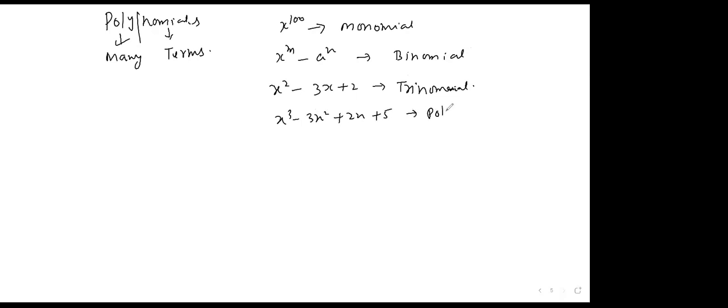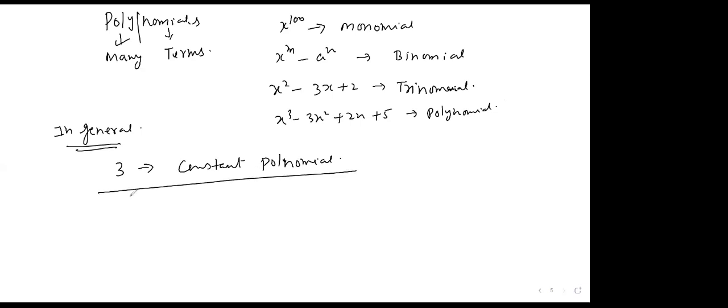So polynomial, in general, every monomial is said to be a polynomial. Even constant 3 is what? Constant polynomial. Even a constant can be called a constant polynomial.